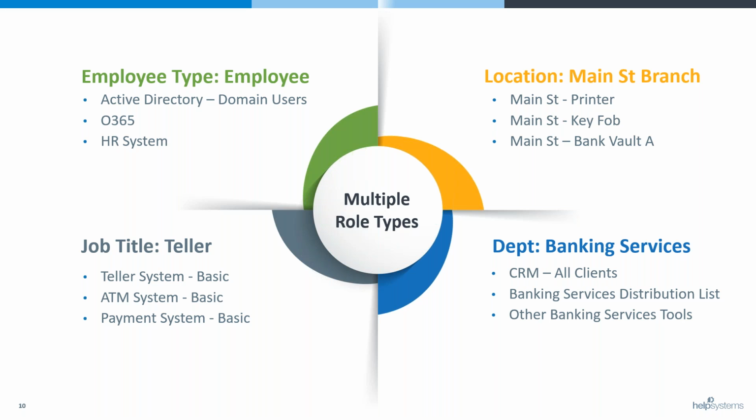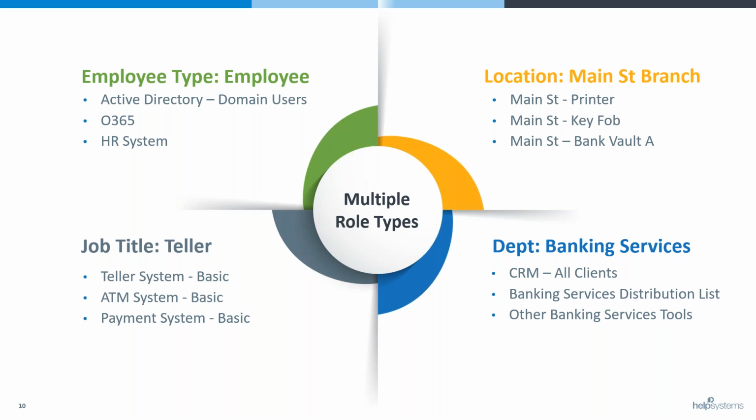This user is also located at an example Main Street branch. Everyone at the Main Street branch gets access to a printer, a key fob to get into the door, and possibly a bank vault access.